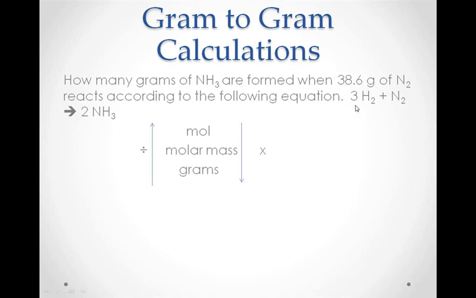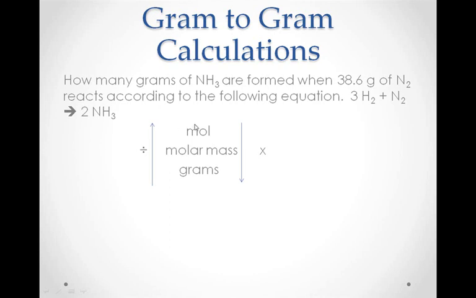Because remember, in using the equation to figure out the information we're looking for about our NH3, we have to first take the number of grams given and convert it to moles, because the equation works in moles, and you can only do the stoichiometry portion of it in moles.